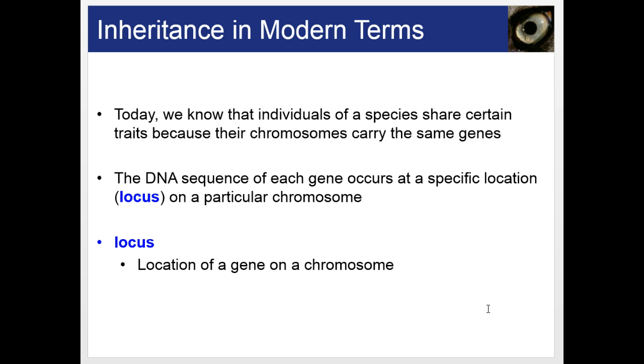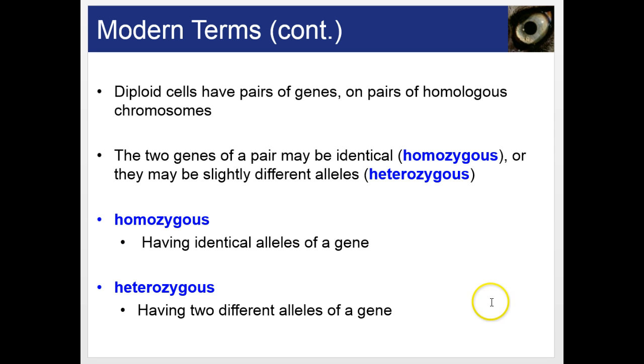Today we know individuals of a species share certain traits because their chromosomes carry the same genes. The DNA sequence of a gene occurs at a specific location on the chromosome that's called a locus. Remember, as diploid organisms, we have pairs of genes because we have pairs of chromosomes, one from mom and one from dad, with the exception, remember, of the X and the Y chromosome.